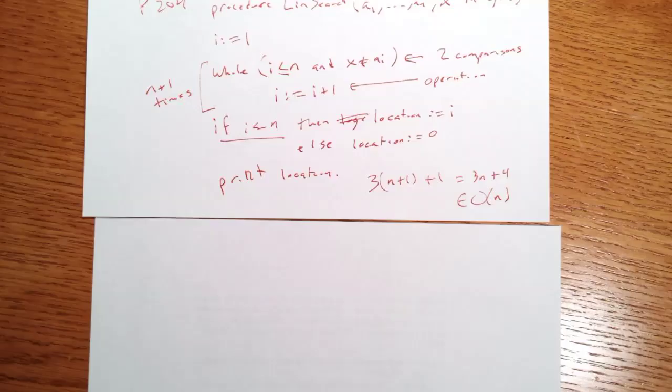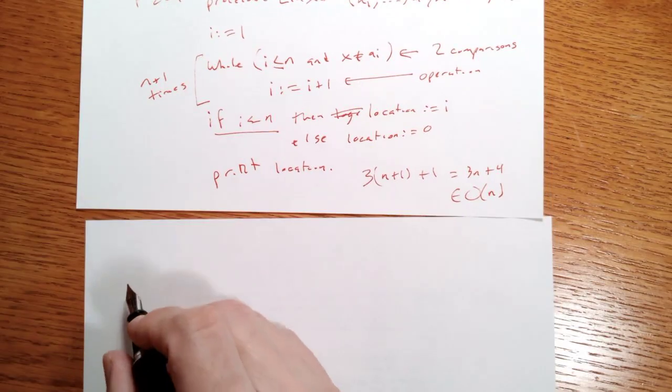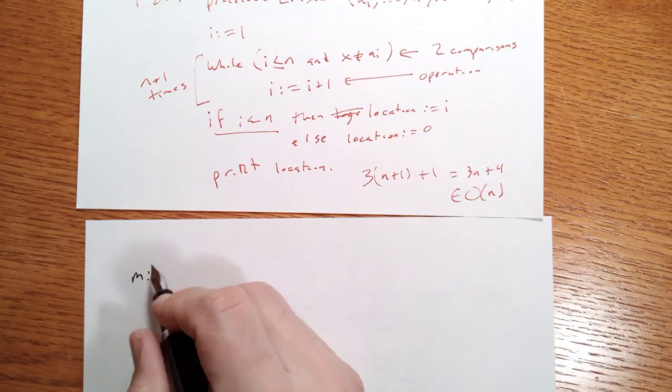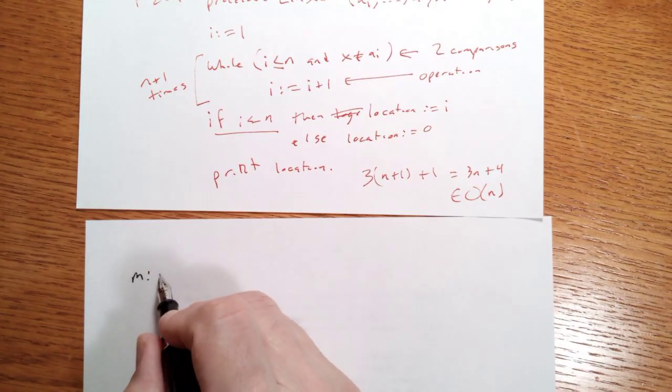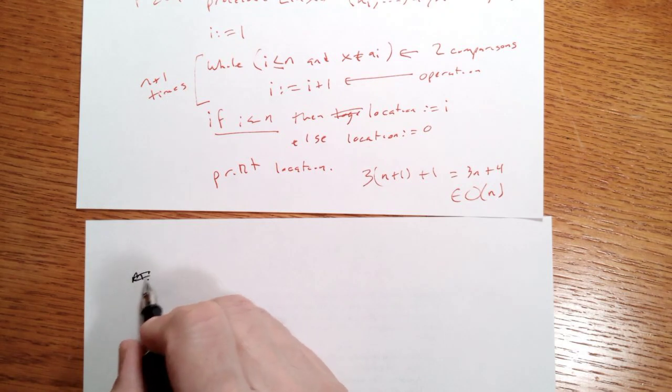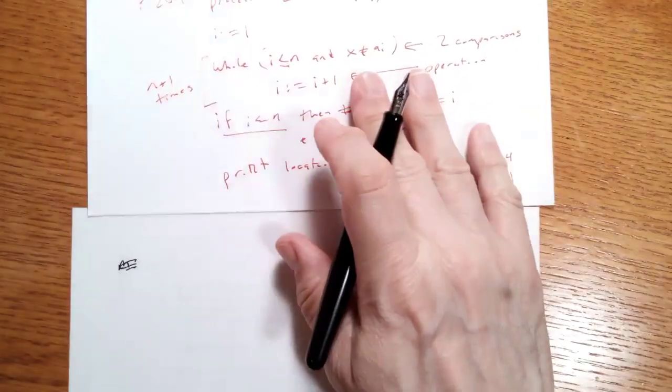So here's an algorithm. The procedure takes a list. I need to write this as a piece of pseudocode.